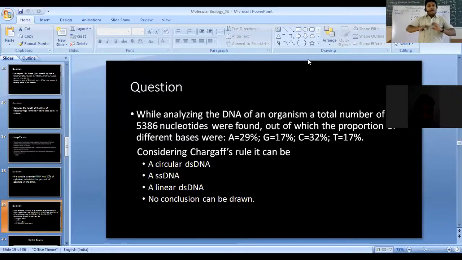Or can we not come to any conclusion based on these findings? You have been given the proportion of bases, and we have to come to a conclusion. Are you clear with the question?